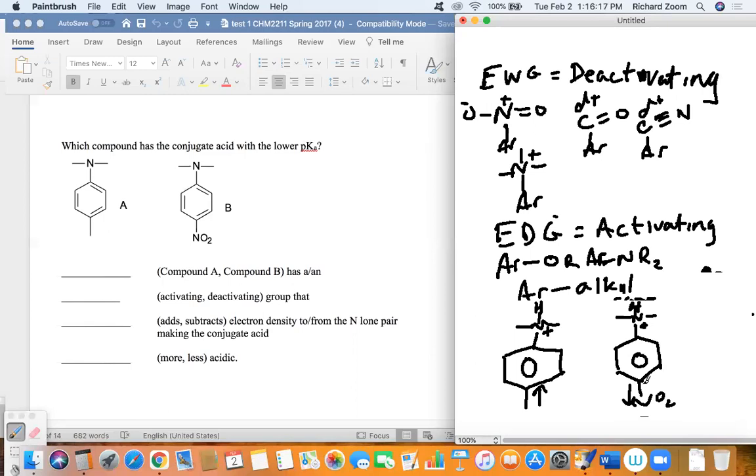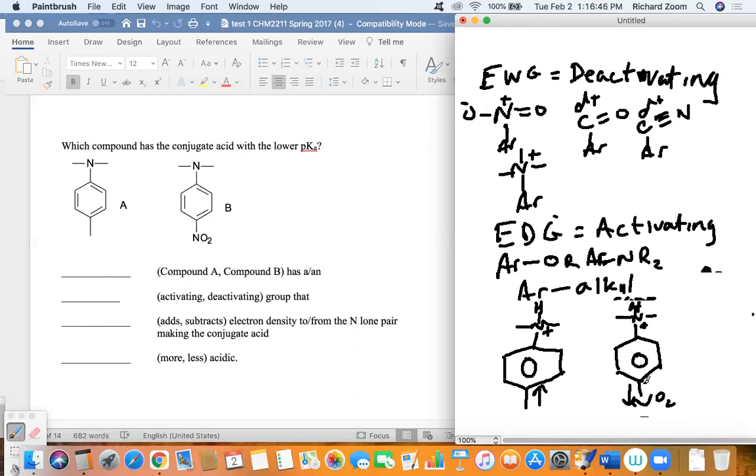Wait, I'm sorry. I thought if the N has a plus there on the left-hand side, and we're adding electrons to it, I would think that would be more stable, not less stable. Well, it's more stable as the conjugate acid, but it makes it less able to give up the H plus, because it is more stabilizing for the N plus.